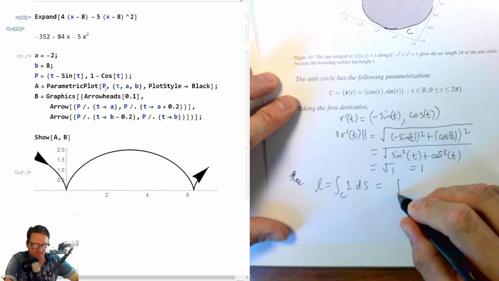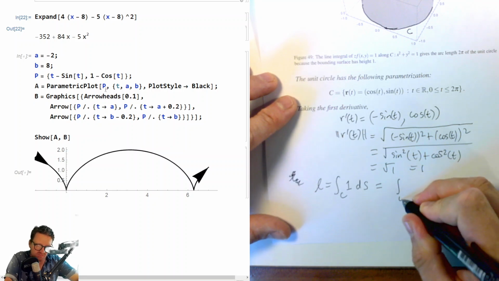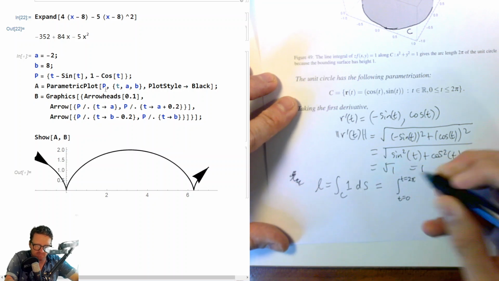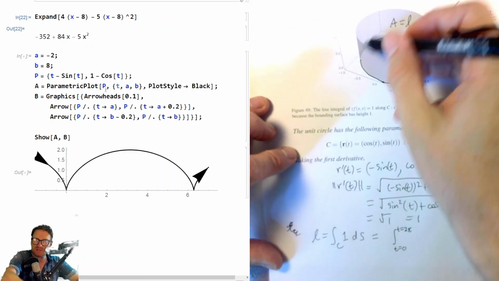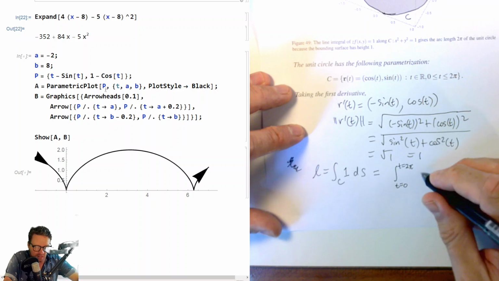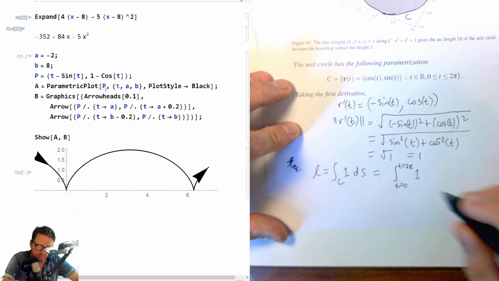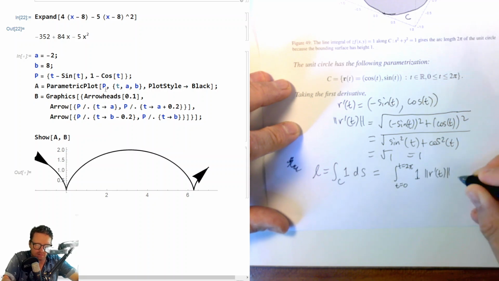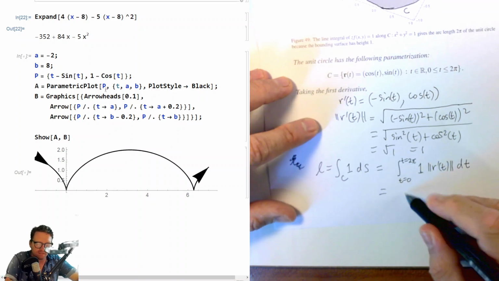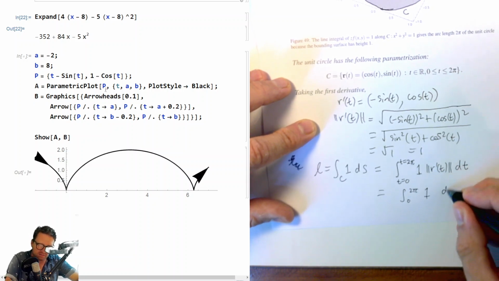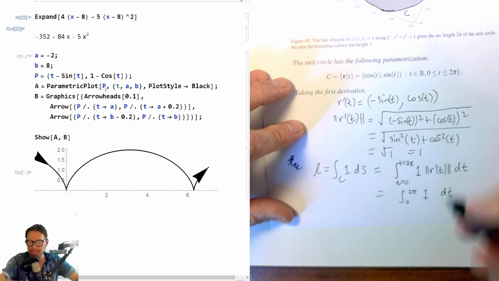So we've got the integral over C, which is from t equals 0 to t equals 2 pi radians, right? So 2 pi radians takes you all the way around this. Okay, and so that's 1 times the norm of r'(t) dt. So that's the integral from 0 to 2 pi of 1 dt, since that norm is equal to 1.